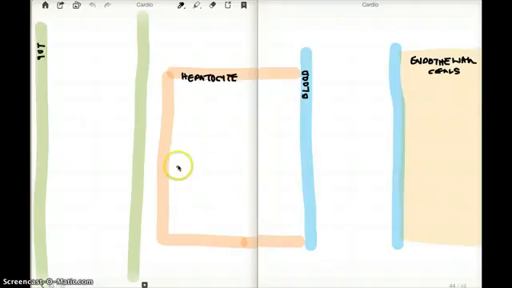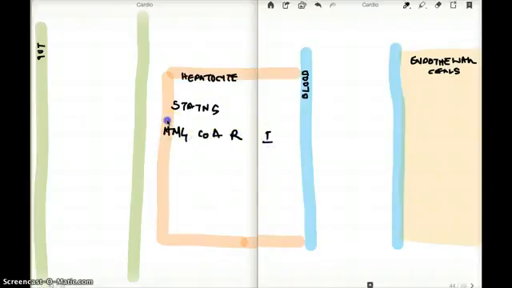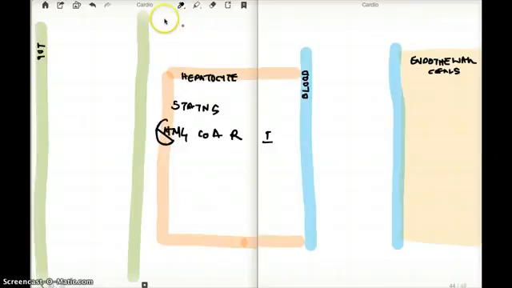Now let's talk about toxicity. So if you know anything about me, I love my mnemonics, right? So statins really are HMG-CoA reductase inhibitors, right? So there is an H here, there is an H here, and there is an R here, right?